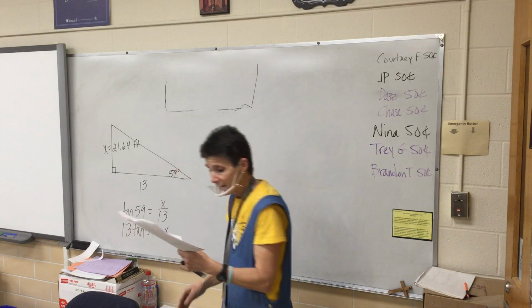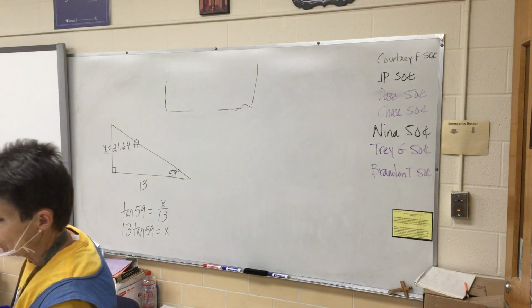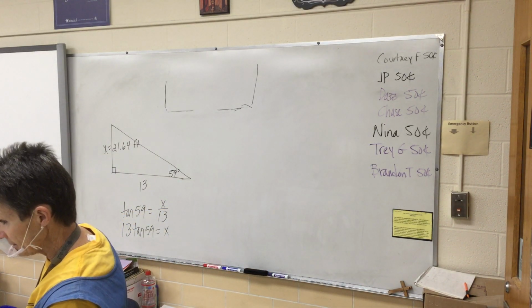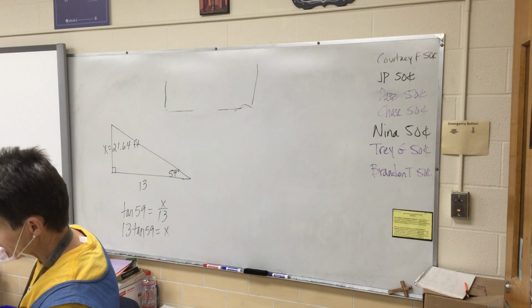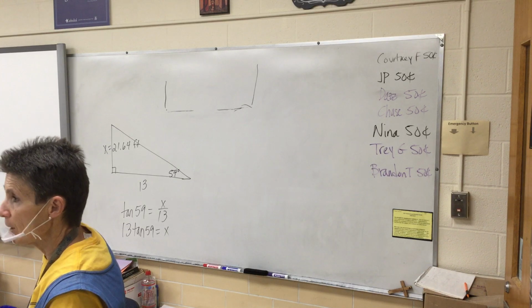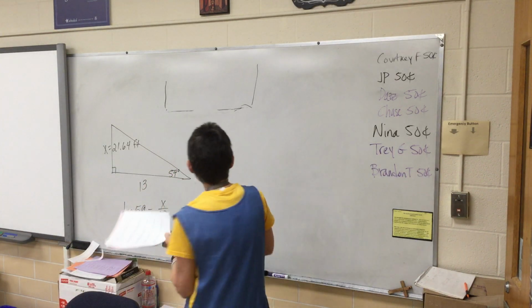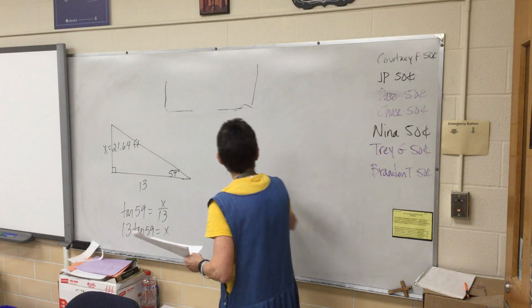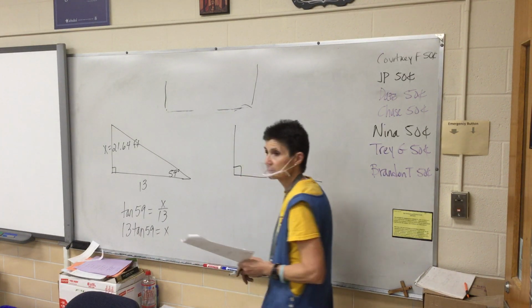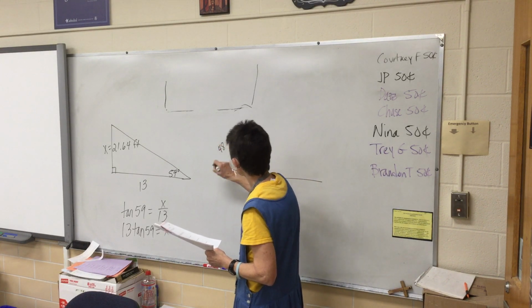Here we go. What is the angle of elevation of a man looking at the top of a building that is 48 feet tall if he is standing 100 feet from the building? Okay, so you've got a building, and we know the building's 48 feet tall, right?